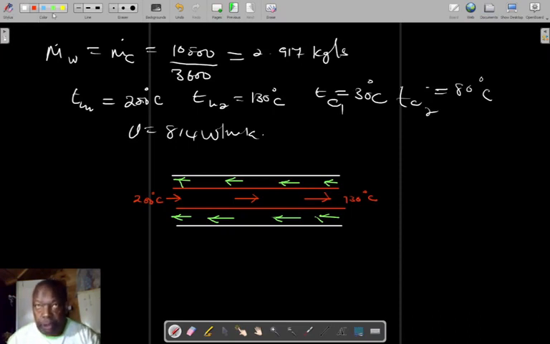For the cold stream, the temperature is 30 degrees there, and this is 80 degrees centigrade there.